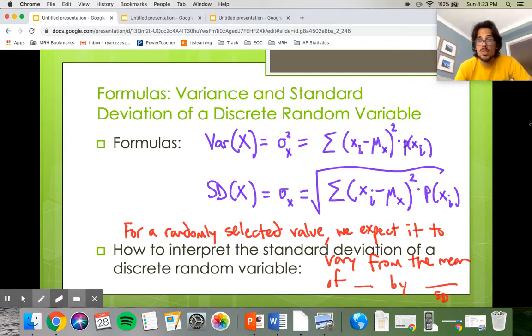Basically, if the standard deviation is 3, a randomly selected value will typically vary from the mean of whatever by about 3.